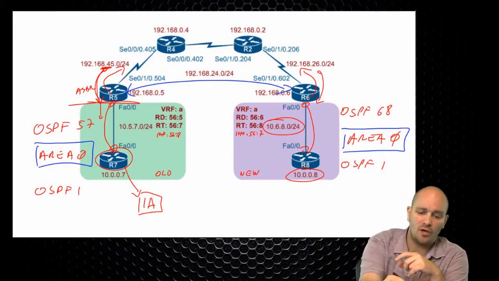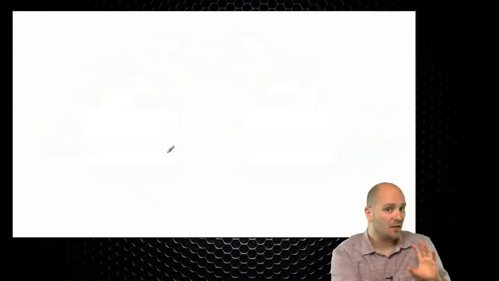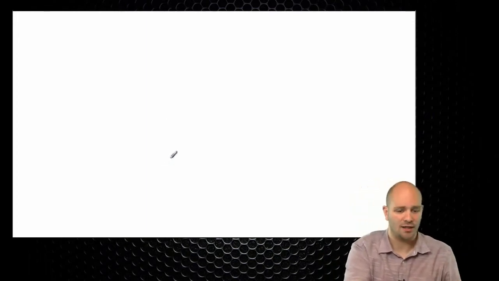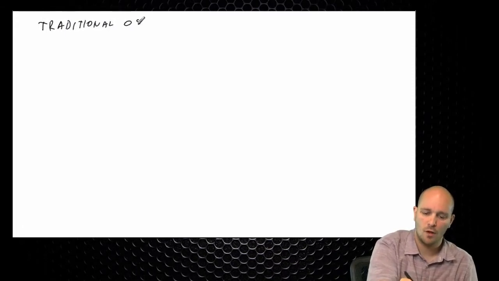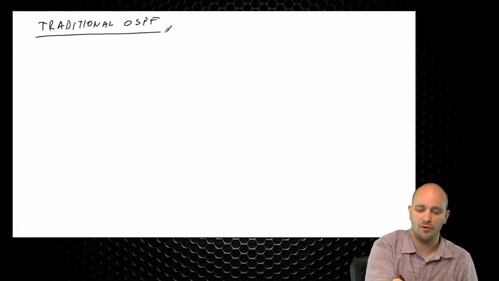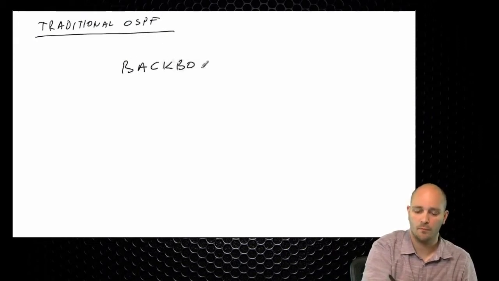When you are dealing with OSPF in MPLS VPNs, there is one more level of hierarchy. So in traditional OSPF, what we have is the hierarchy where you have the backbone area, and all other areas must connect to the backbone.